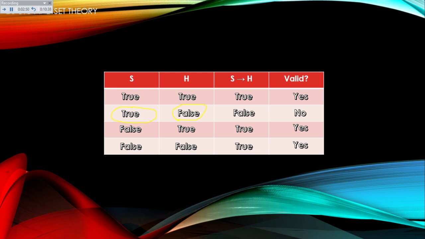So the only one that is not valid is true, false, the second row. That's all for how to explain and know that a truth table can be used for our argument sentences.